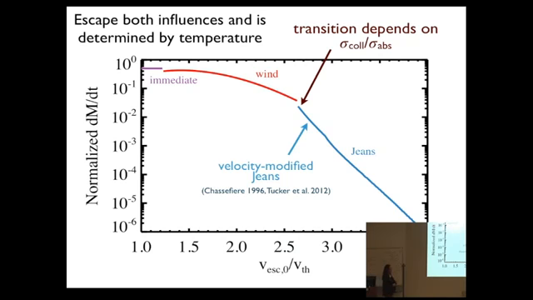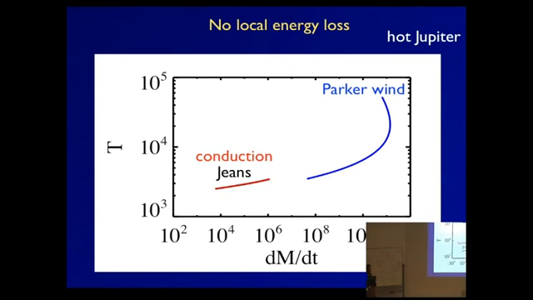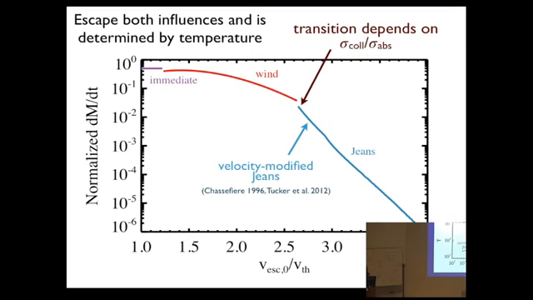So I think on the plot that came after this, you had a Parker wind where as you went up in temperature, there was a maximum in the mass loss, and then it kind of turns around to the left. Why, as you increase in temperature, does the mass loss go down as you turn around? Yeah, so that's because this is an old version of the plot where I didn't put in appropriately this immediate blow-off regime.